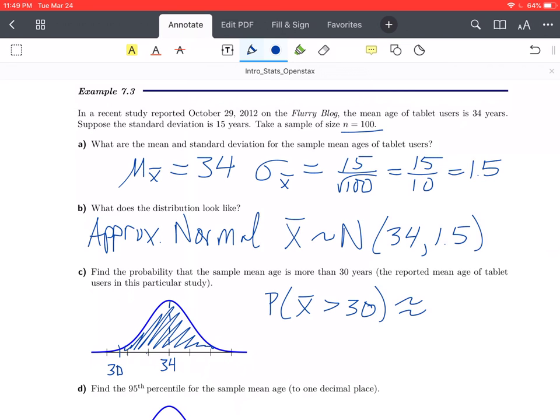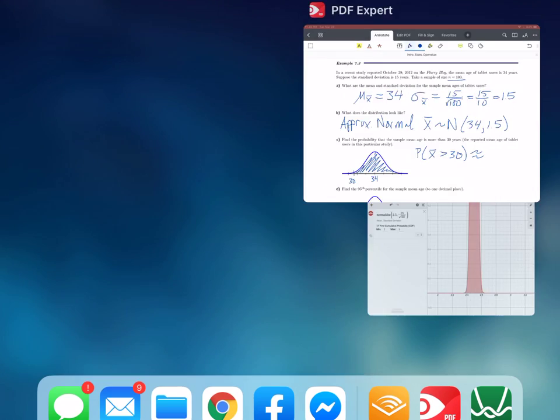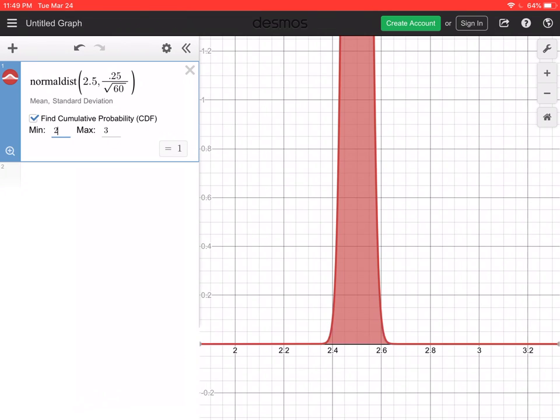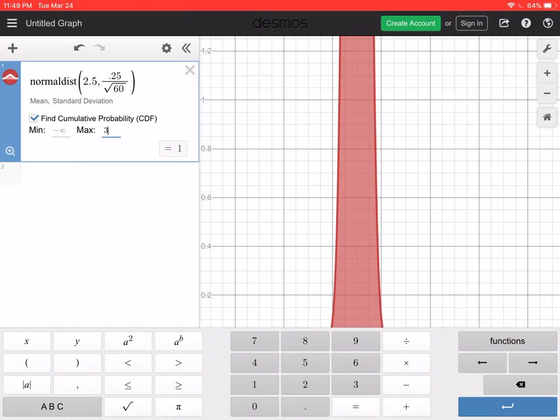Okay, so let's take this data into Desmos. Alright, get rid of our old numbers here.